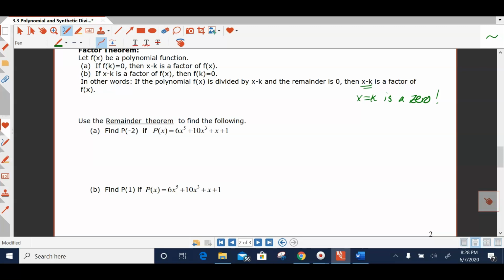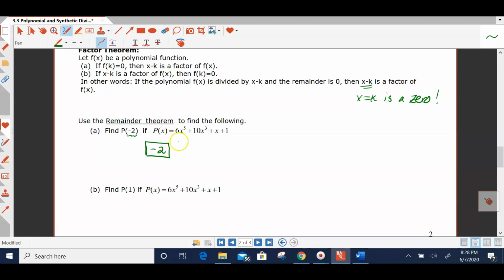When you're using the remainder theorem and they give you the value like p of -2, the number that goes in the box is the value that they give you. You don't change the sign here. We only change the sign if I'm given like an x plus 2 or an x minus 3. That's when I change the sign to go in the box. But I don't change the sign when they tell me the exact value they want me to plug in.